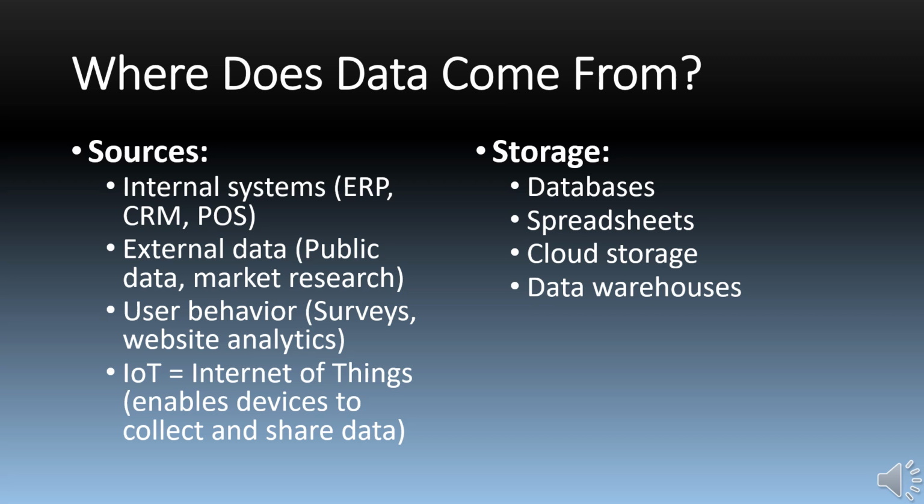User activity, such as surveys and website visits, and the Internet of Things, which enables devices to collect and share data. Think about the apps on your phone or tablet. Once collected, data needs a place to live, whether in a spreadsheet or a cloud-based data warehouse. Knowing your data sources helps you trace reliability and relevance.